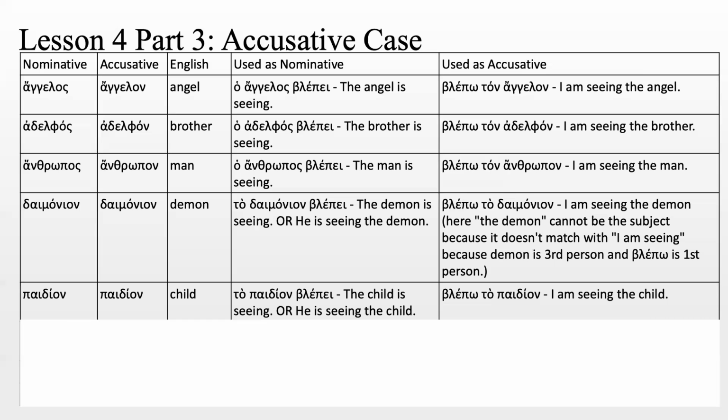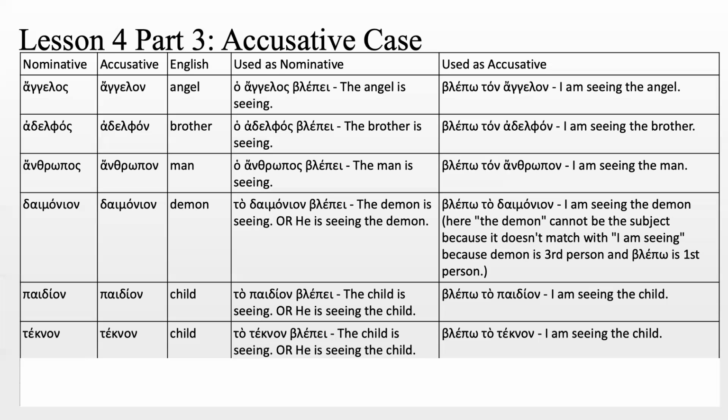Again, because blepo is first person and to paidion is third person, to paidion can't be the subject of the sentence, because the subject has to be first person and will supply the I. Now, just for reference, if it was blepeis to paidion, that would be second person singular for the person of the verb. Then to paidion also couldn't be the subject. That would be you are seeing the child. It's only if it's in third person that it can be the subject.